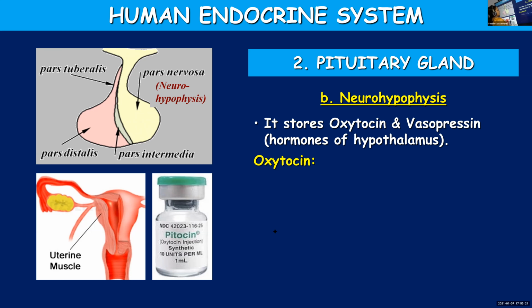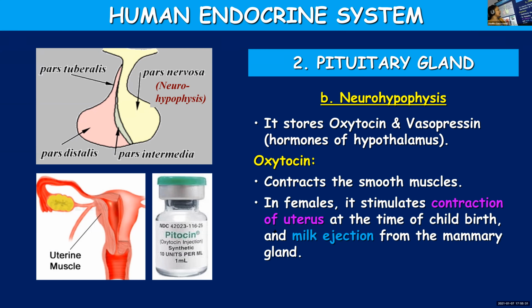Now let's see the function of oxytocin. It helps in the contraction of smooth muscles. In females, it stimulates the contraction of the uterus at the time of childbirth and the ejection of milk from the mammary gland. So this hormone plays a very important role in the contraction of smooth muscles at the time of delivery, in case of normal delivery, not a cesarean operation.